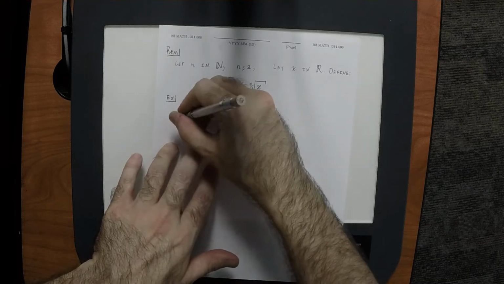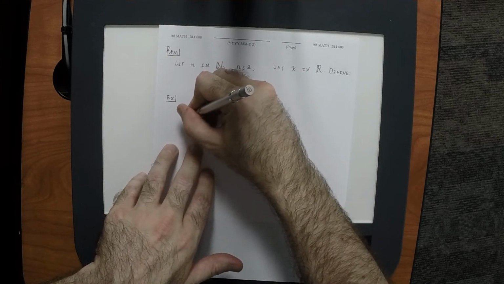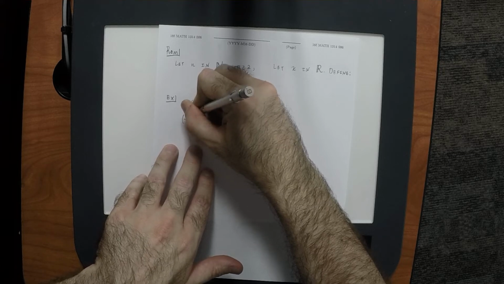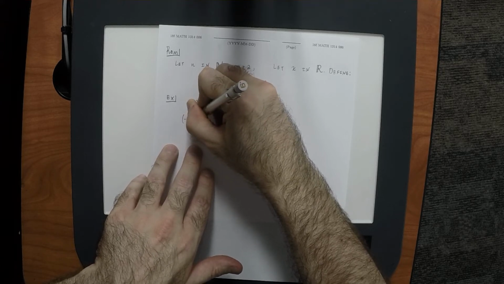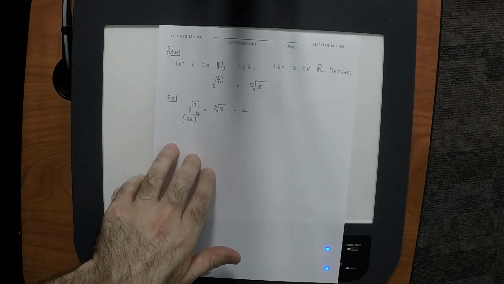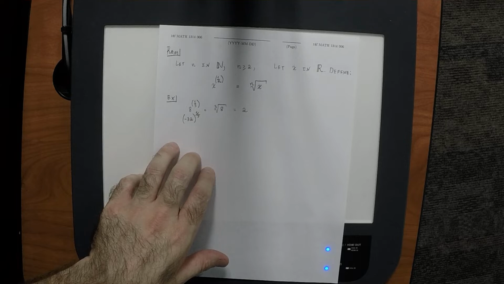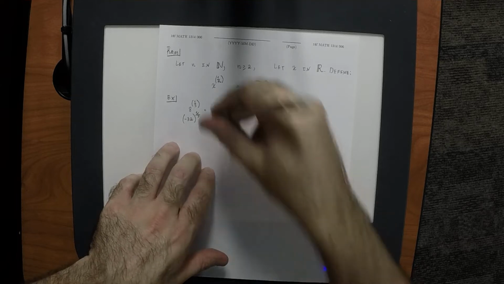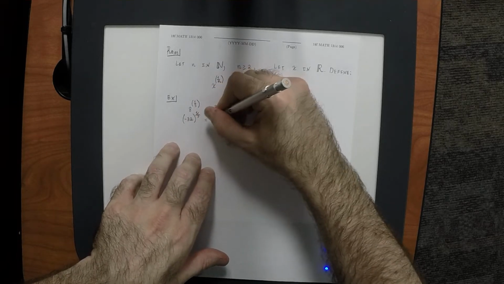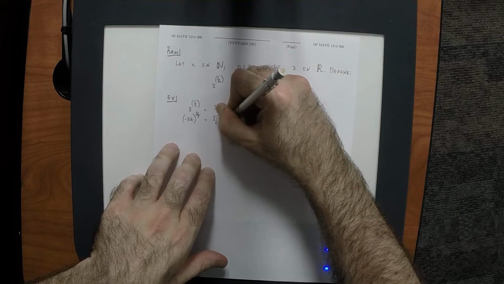So then, alternatively, I could ask, well, what about, say, negative 32 raised to exponent 1/5? All right. So which radical are we talking about? Fifth radical, right? So this is the fifth root of negative 32.